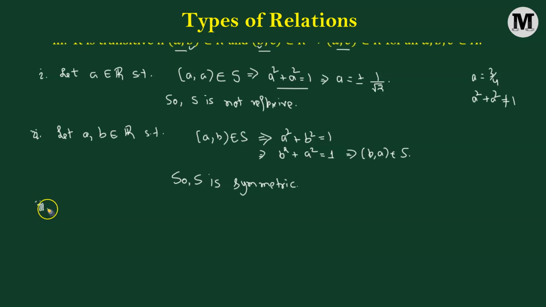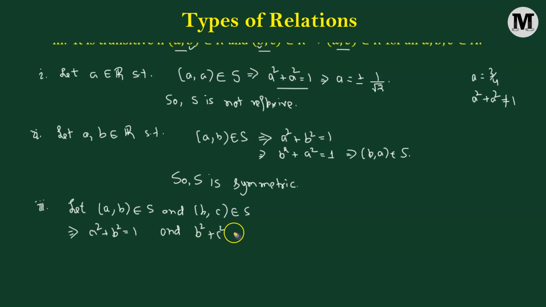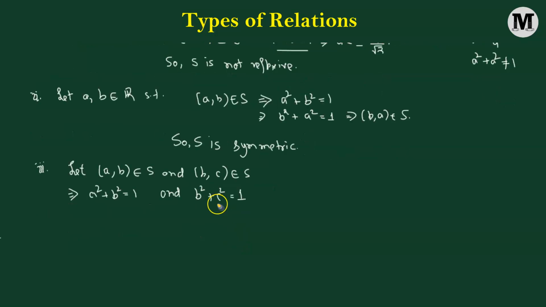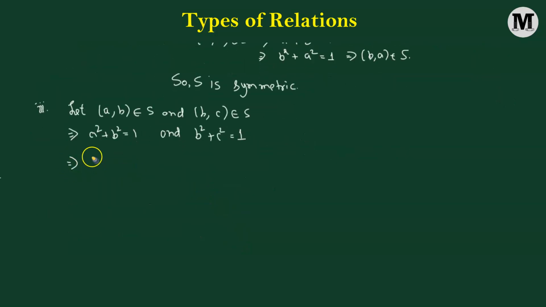In the third one, we have to check for transitivity. Here we consider two ordered pairs a, b and b, c. Let a, b belong to the relation S and b, c also belong to the relation S. Then a, b belonging to S means a squared plus b squared equals 1, and b, c belonging to S gives us b squared plus c squared equals 1. Next, we isolate b squared from the first equation, so b squared equals 1 minus a squared.